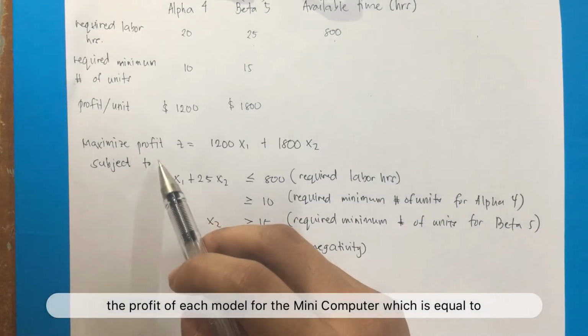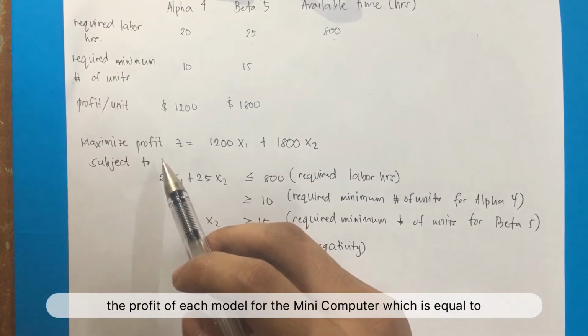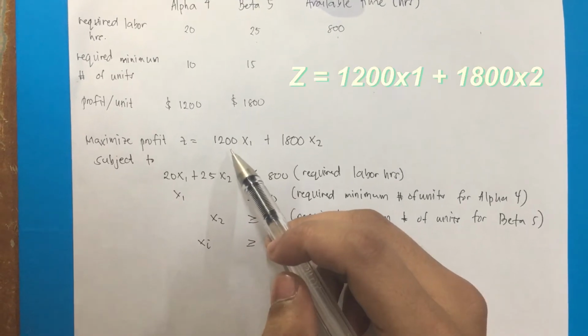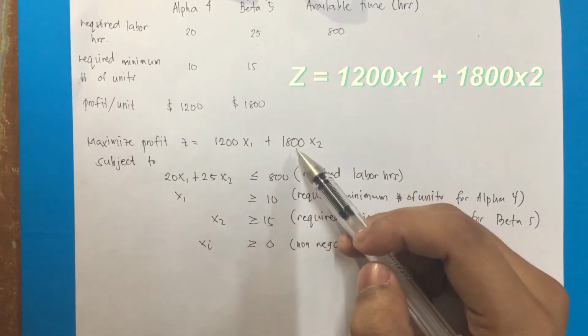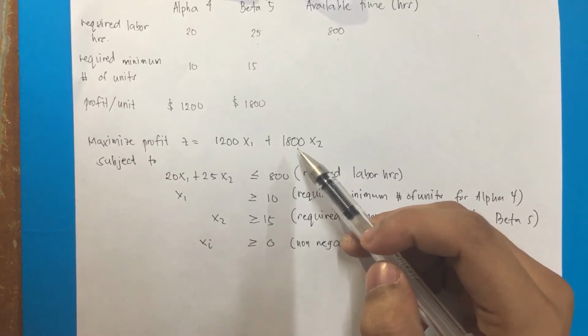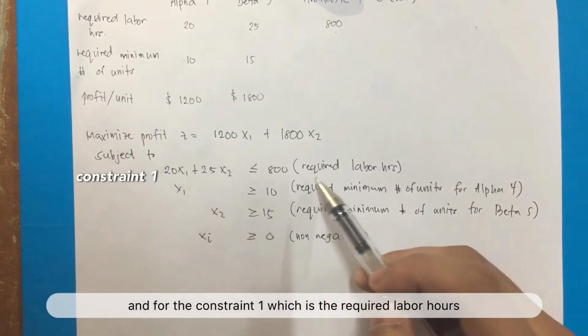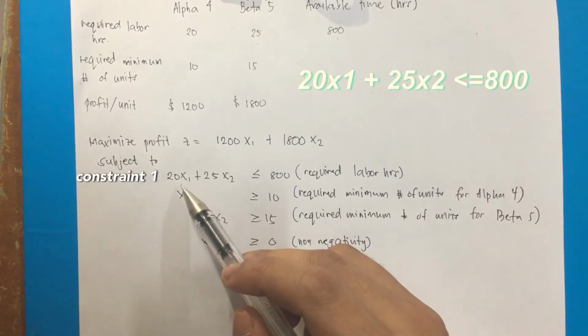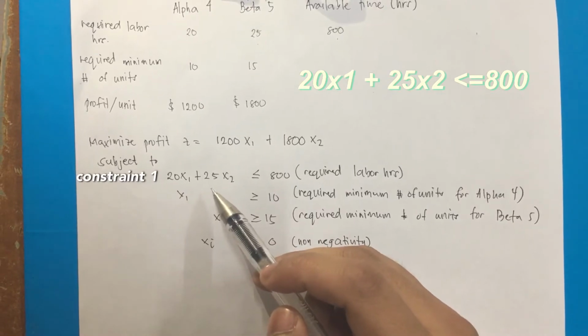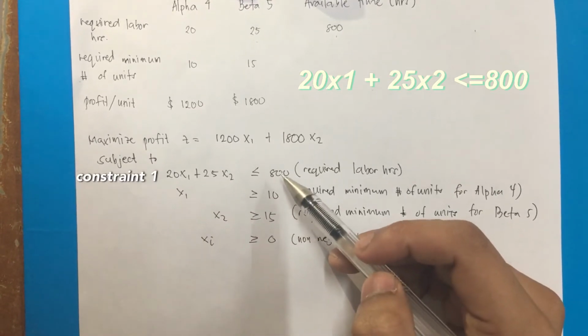The profit of each model for the mini computer is equal to 1200 x1 plus 1800 x2. And for constraint 1, which is the required labor hours, we have 20 x1 plus 25 x2 less than or equal to 800.